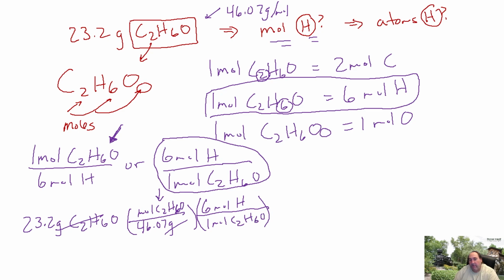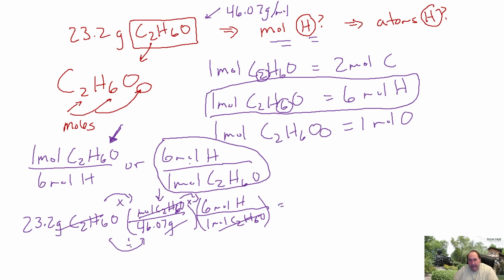So here I'm using the formula as a conversion factor. That is going to get rid of the entire thing, and now I've gone from the entire thing, in this case ethanol, to just the hydrogen. So I'm going to get an answer here because that's one of the questions I was looking for. I'm going to take 23.2 times 6 and divide by 46.07. Once again, I'm multiplying up on top and dividing by the bottom.